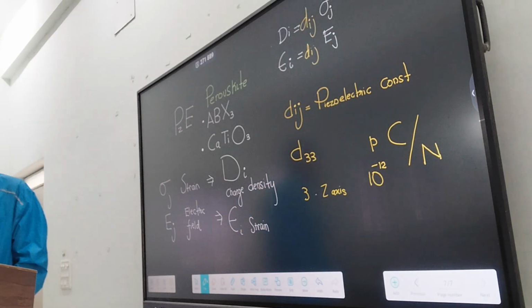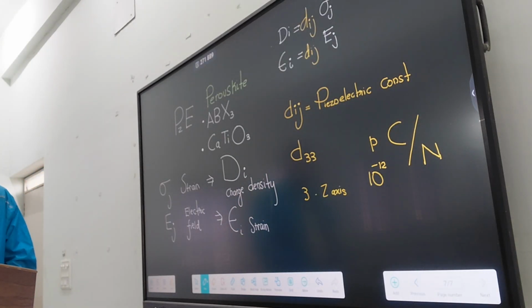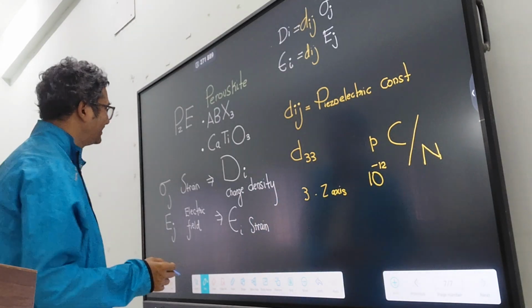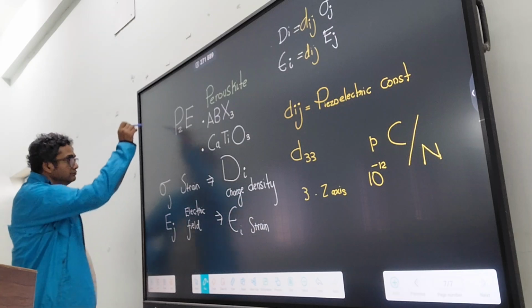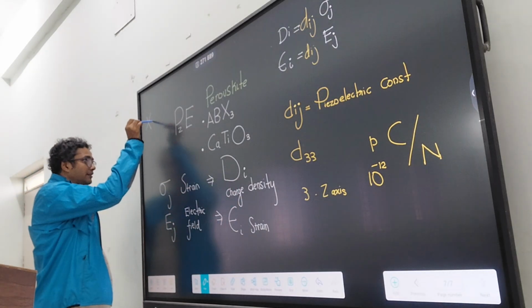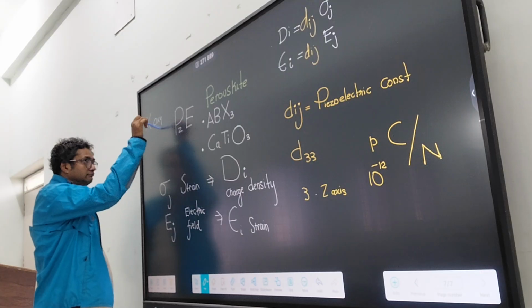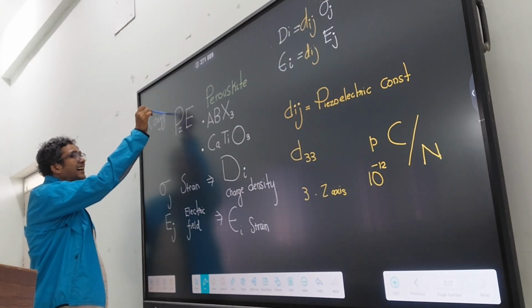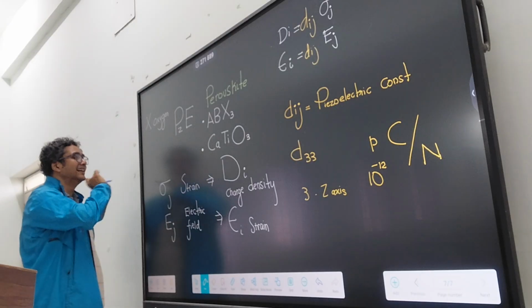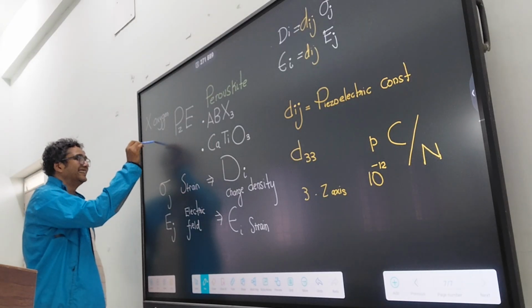You will have an X part. What is X? This X can be oxygen, and it can be a halide.